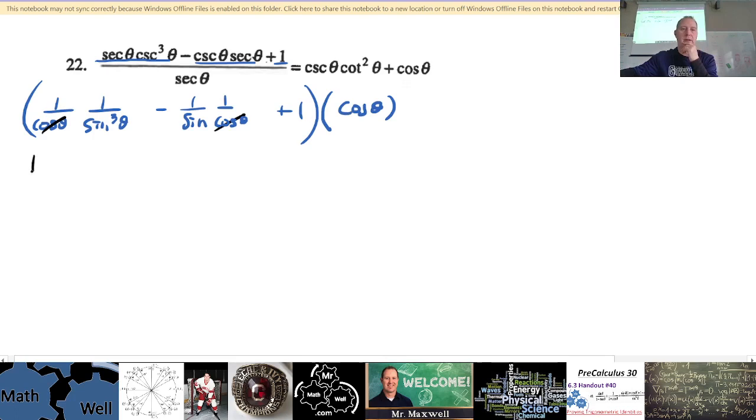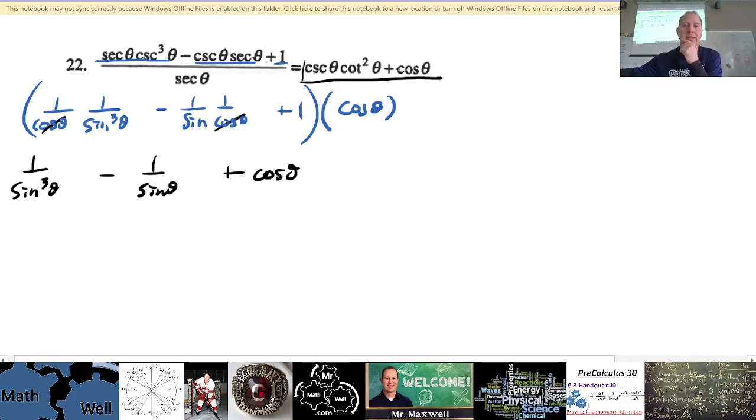So I have 1 over sine cubed theta. That's what I have left over here. I have 1 over sine theta, and I have cos theta. Okay. So I look over to the right, and I do have plus cos theta all by itself, so that's kind of nice. I might just want to try and focus on this and see what I can do here.